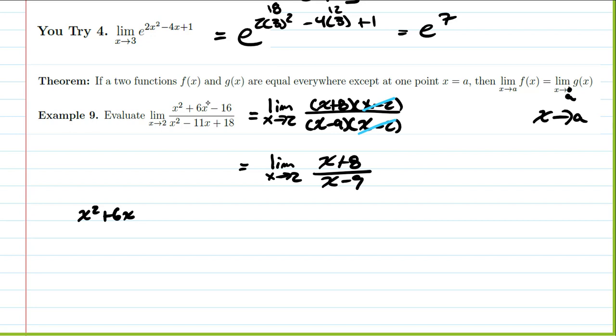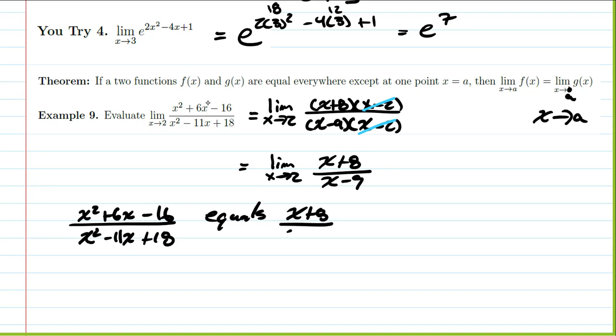So x squared plus 6x minus 16 all over x squared minus 11x plus 18 equals x plus 8 over x minus 9 everywhere except x equals 2. So then that tells us that their limits have to be the same, right?